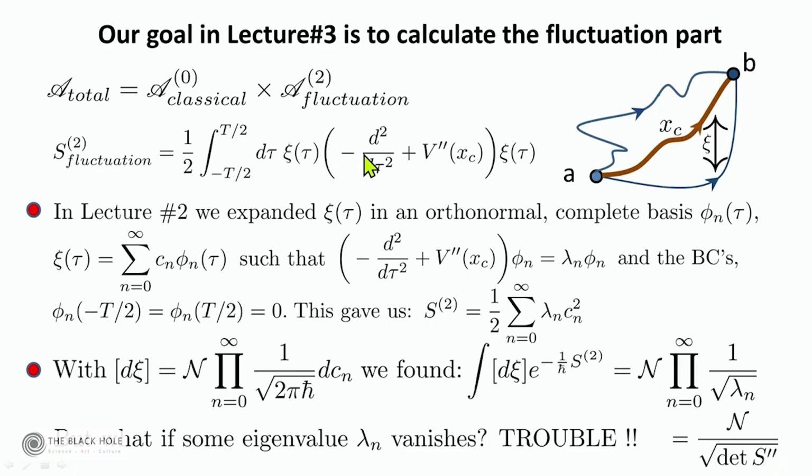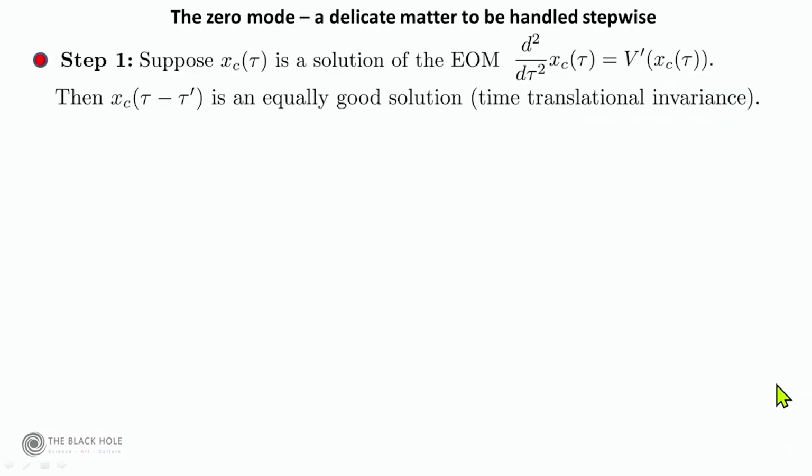S double prime is just this operator here. So this is an operator which has got a lot of eigenfunctions and eigenvalues, but the problem is that what if one of these is 0? And this is called the zero mode problem, and this is what makes the whole instanton thing a little complicated, but we learn how to deal with that.